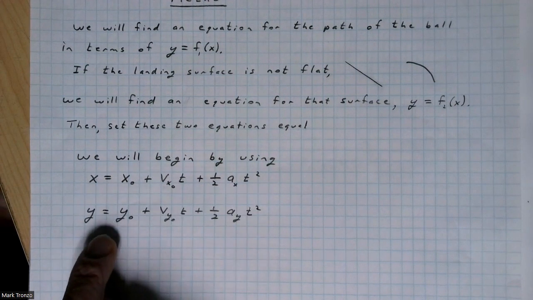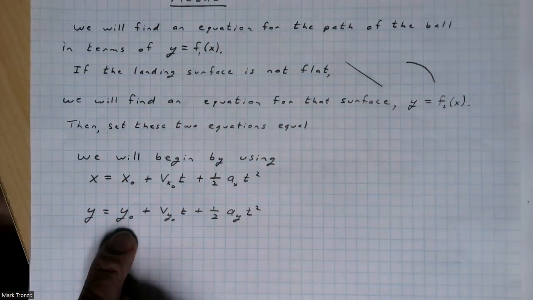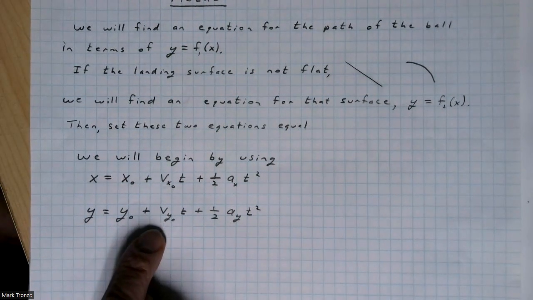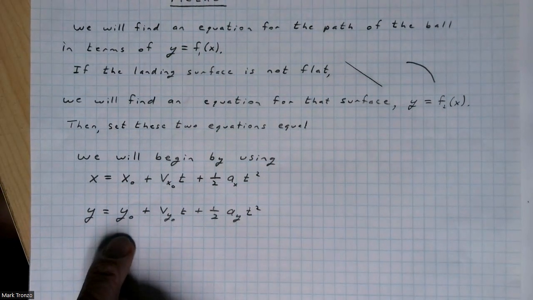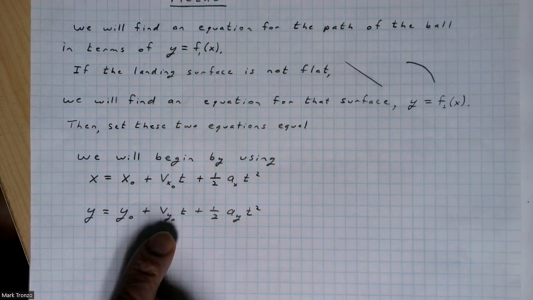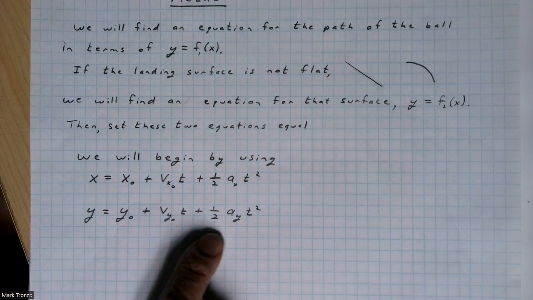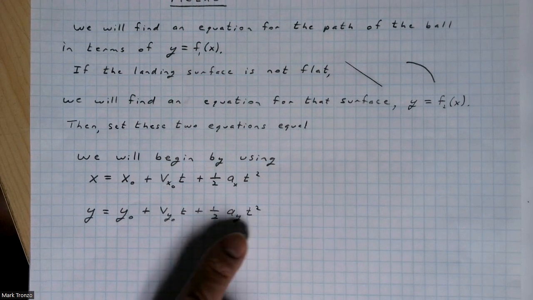Same as for y, we'll have y equals y naught, that's the initial position y, plus the initial velocity in the y direction times time, plus 1/2 a t squared, where a is the acceleration in the y direction. Of course, as I mentioned, this is almost always going to be gravity.